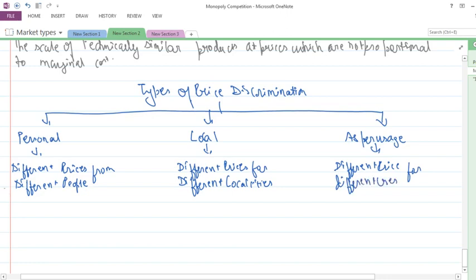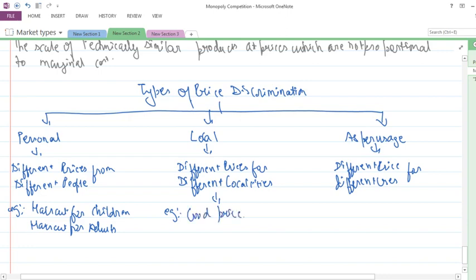So for example, when a different price is charged from different people, haircut for children and haircut for adults both have different prices. In the same manner, if there is one price in the domestic market and another price in the international market, then the price discrimination is according to the locality.